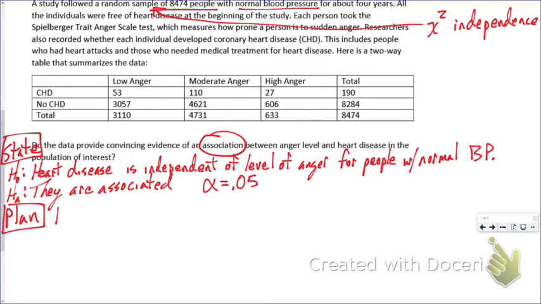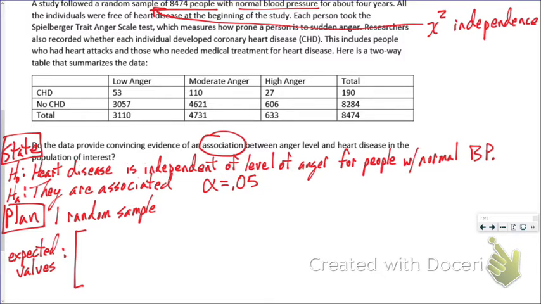We have one random sample, and just like with homogeneity, I'm going to write expected values over here and make a big empty matrix to remind myself to go look for them in the calculator.